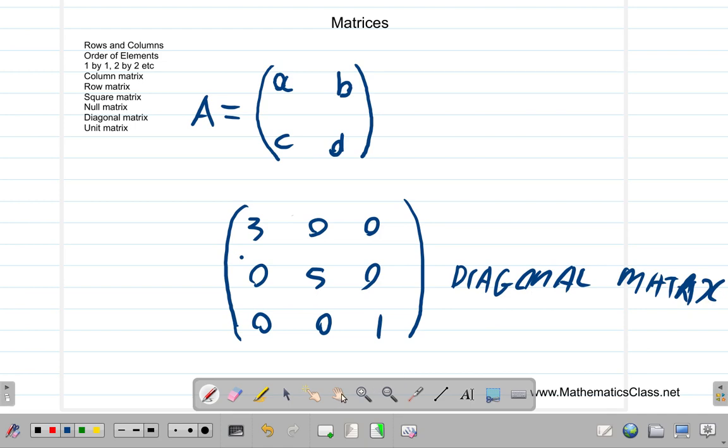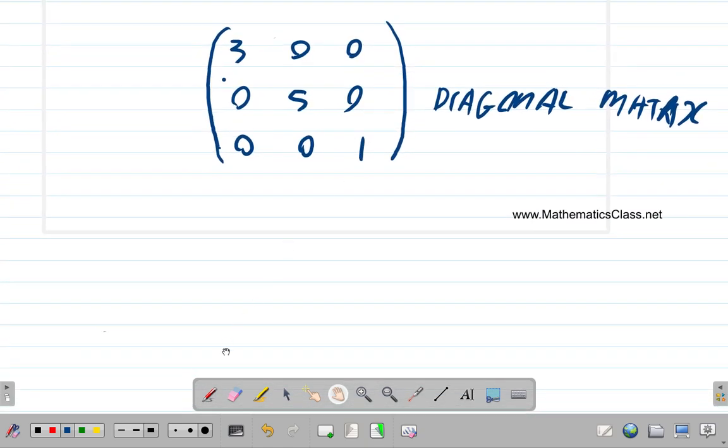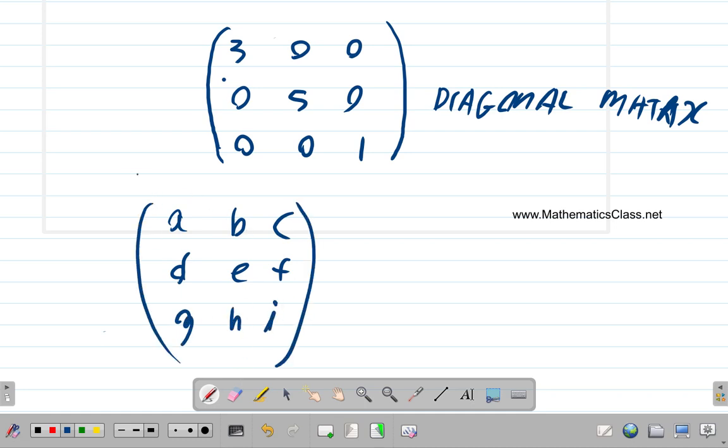And why? Let us see. Anytime you have a matrix, just A, B, C, D, E, F, G, H, I. If you have this matrix, this diagonal is called the leading diagonal.